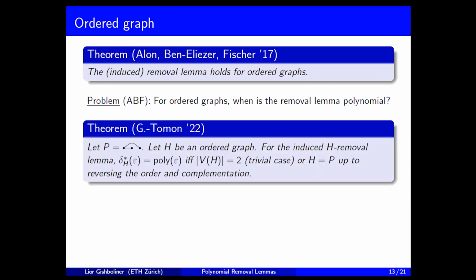So with Istvan, we could prove some results towards this question. So we looked at the induced case. We look in the induced H removal lemma, and what we showed is that, well, there are essentially 2 cases where it's polynomial.